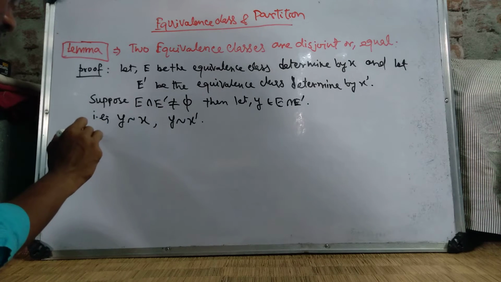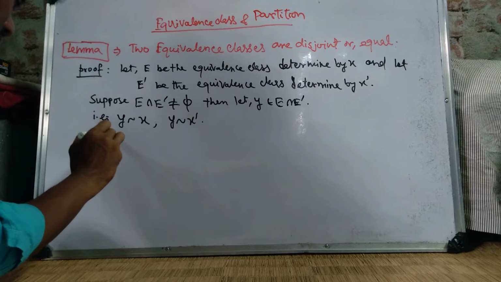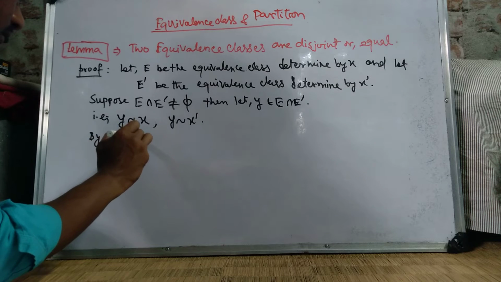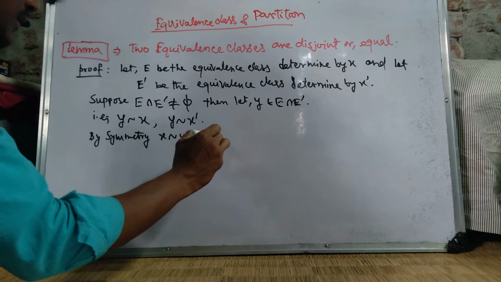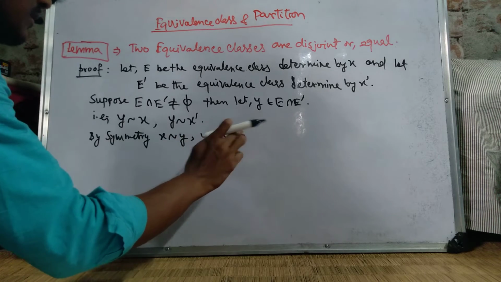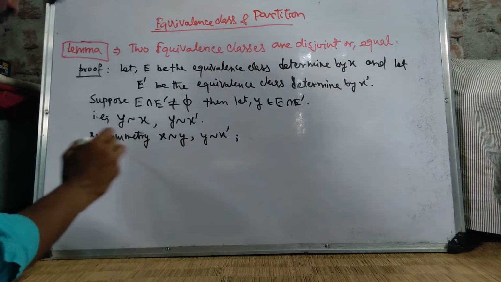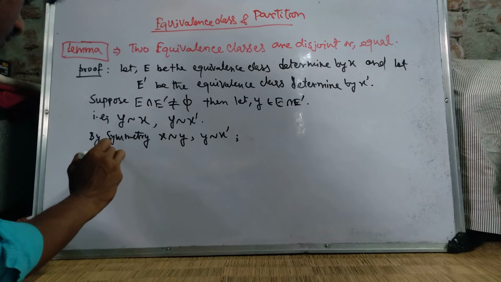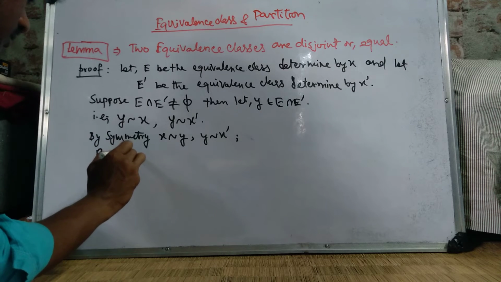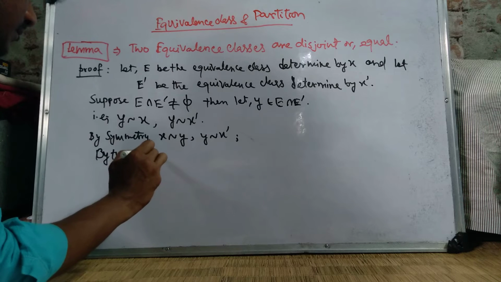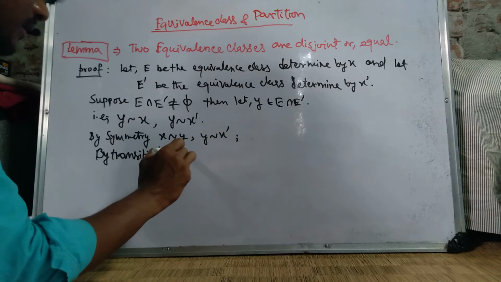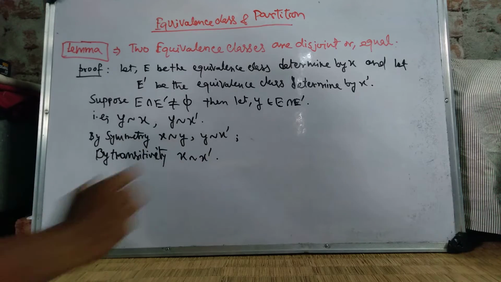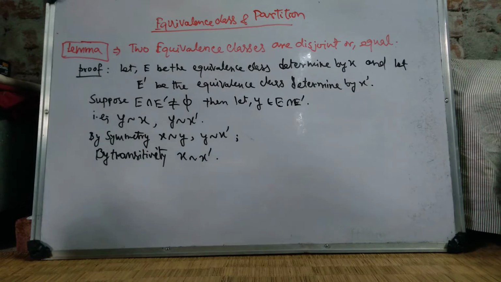Now by symmetry, X is related to Y, and Y is related to X dash, and by transitivity X is related to X dash.